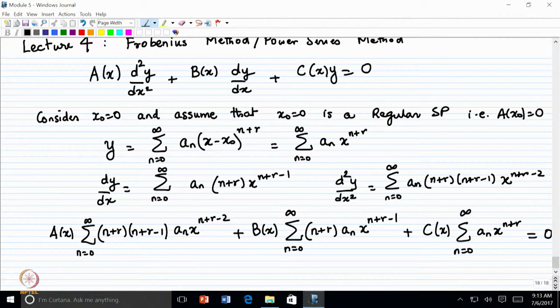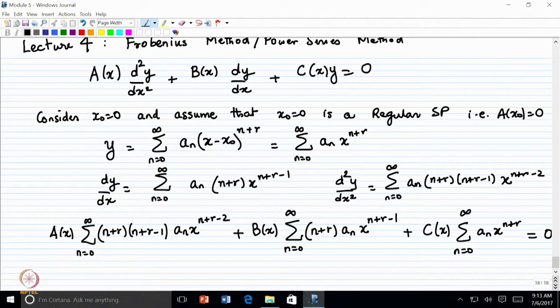Now, the basic idea of the power series method is to realize that this whole thing on the left hand side looks like terms that have different powers of x.